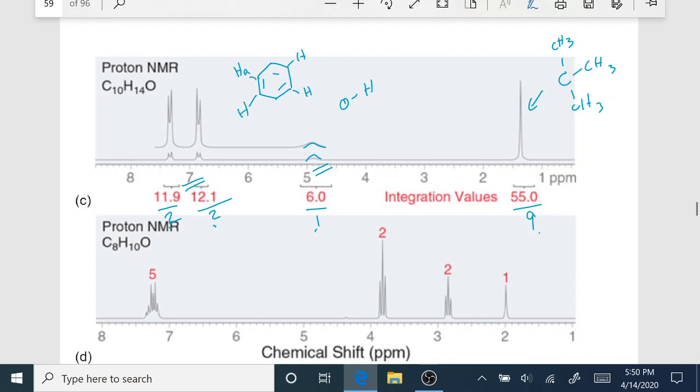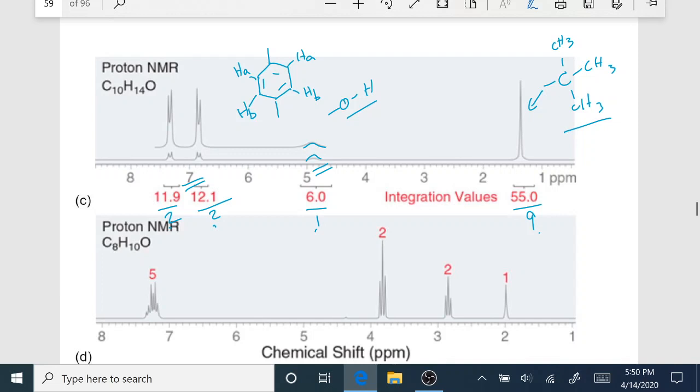So if we call these HA and these HB, HA and HB are not equivalent to each other, because if they were, they wouldn't be splitting each other. And so we have this type of connectivity here. So that means that this OH is an end piece and this T-butyl group is an end piece.